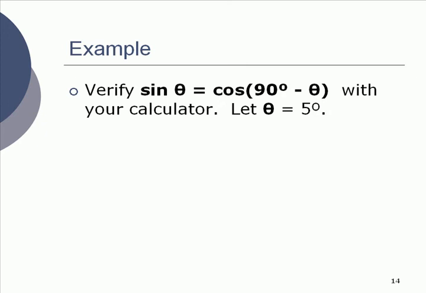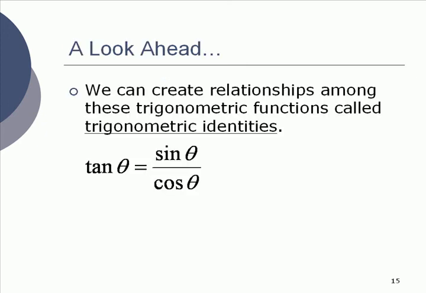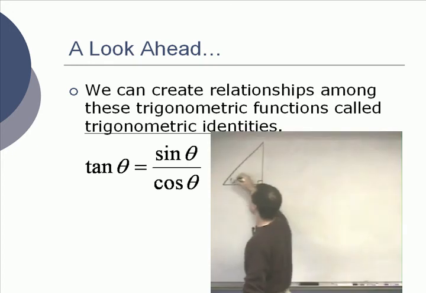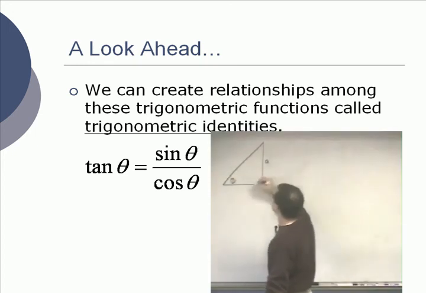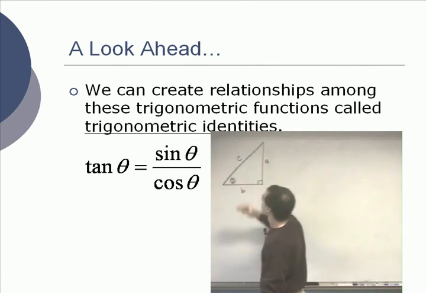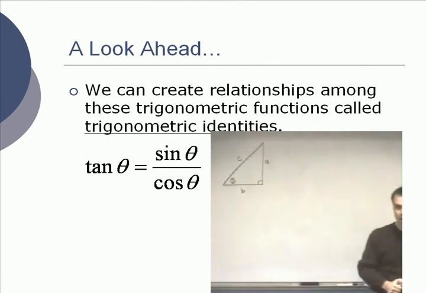And the last interesting relationship between sine, cosine, and tangent is this. The tangent of an angle is the sine of that angle divided by the cosine of that angle, and here's why. We're again just going to use a generic right triangle with an angle theta.